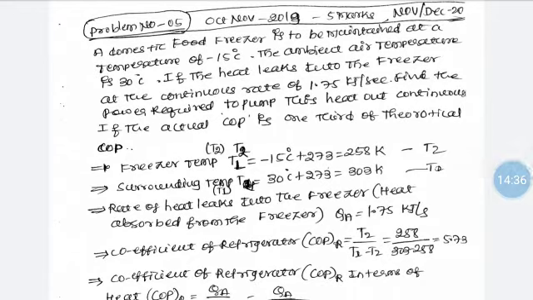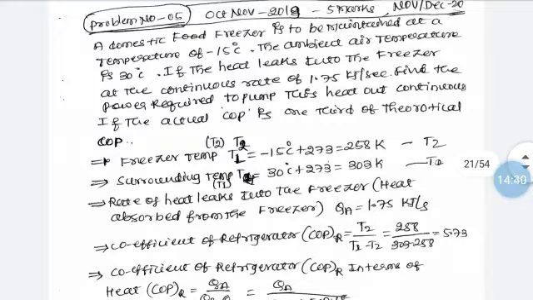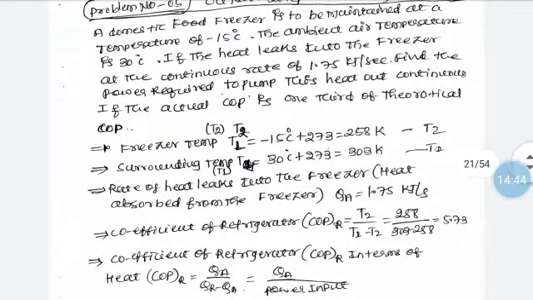So it has to be maintained at a temperature of minus 15 degrees Celsius. Ambient air temperature is 30 degrees Celsius, that is the atmospheric air temperature. If heat leaks into the freezer at a continuous rate of 1.75 kilojoule per second, find the power required to pump this heat out continuously.